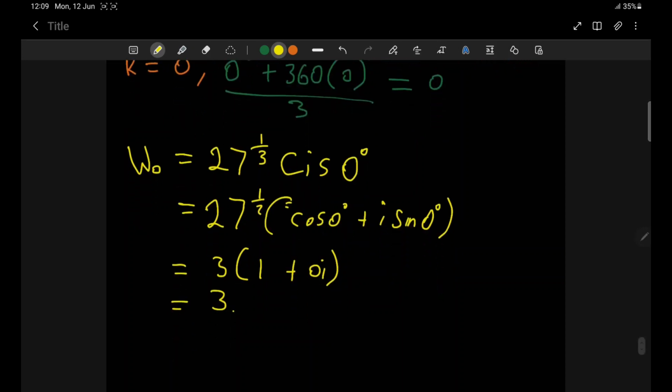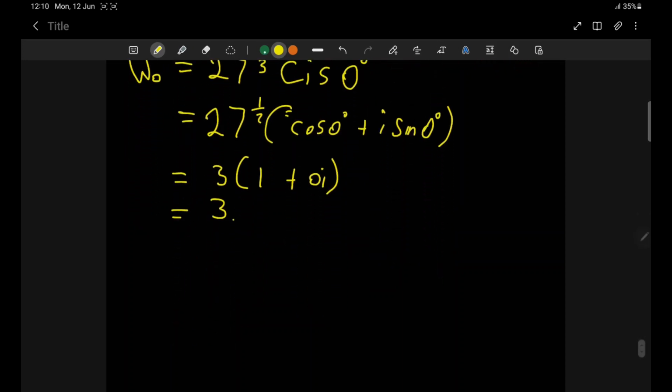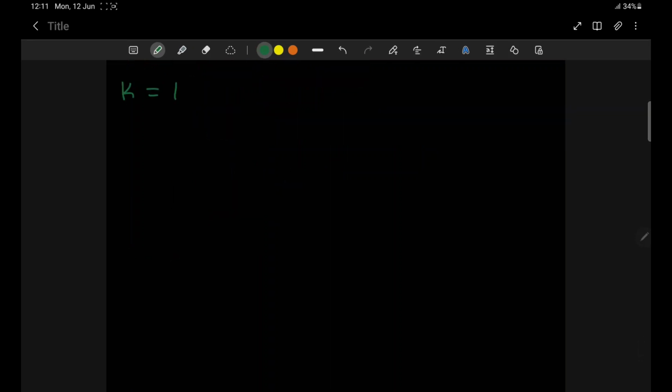We progress to k equal to 1. Solving the angle, our theta is 0, so we have 0 plus 360 times 1 over 3. This gives us 360 divided by 3, which is 120.